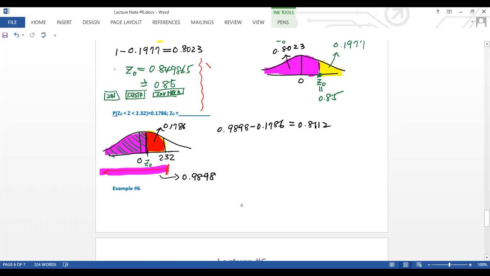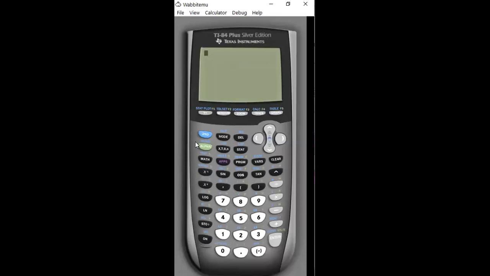Okay, so let's take a look here. So how do I get it? So in here, let's go back to, so it's 0.8112, right? So now you use the TI-84 calculator, clear that. You say second distributions. Now I'm looking for the z-score, so I need to go to number 3. All right, so what is the area again?